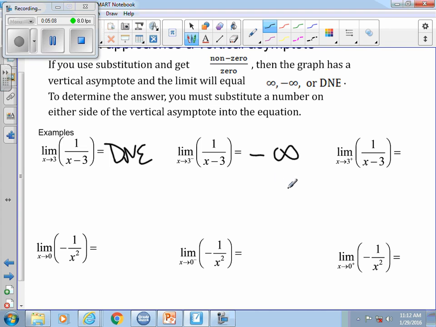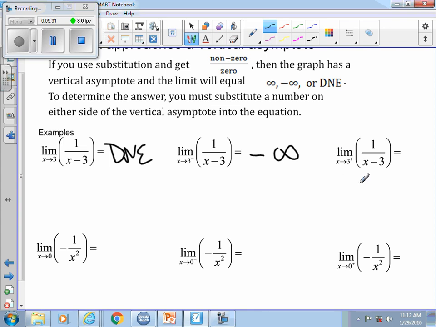Okay, let's look at the next one. What's a number to the right of 3? 3.01. Again, I'm going to always hesitate to pick something too far away because what if x minus 4 is also a factor on the bottom? If I go too far away, it may cause issues. So I'm going to stay close.